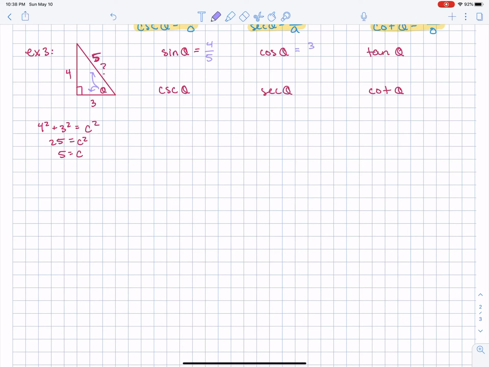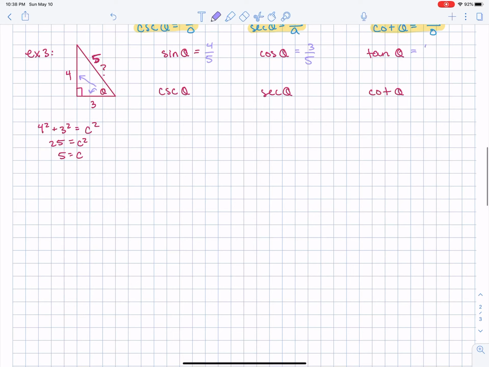So this is equal to 3 over 5. And then my last one here, my tangent theta is equal to my opposite side over my adjacent, 4 over 3.